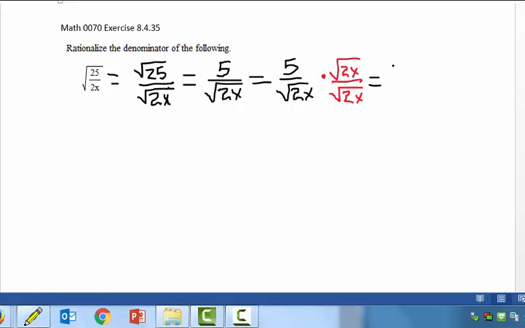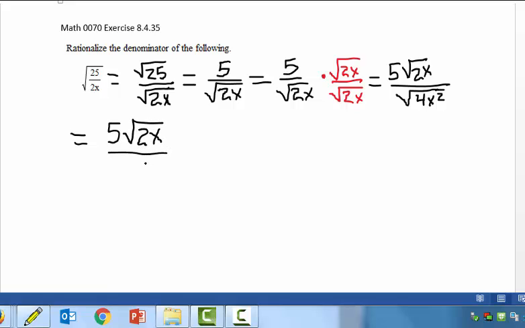So I now get 5 times the square root of 2x in the numerator and the square root of 4x squared in the denominator. And I am assuming that my variable x is a non-negative value.